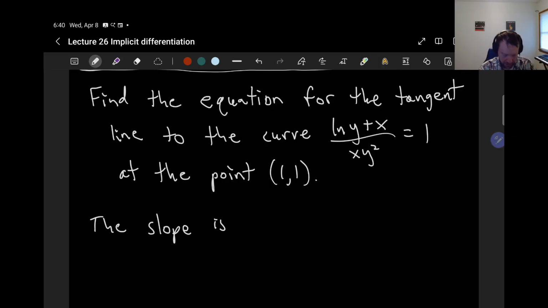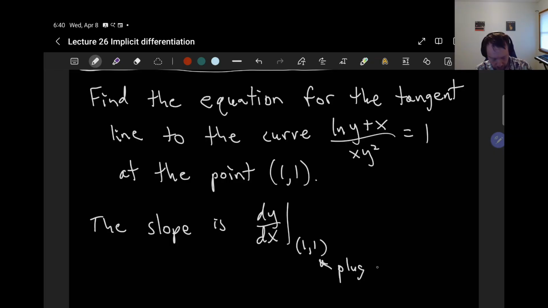So the slope of the tangent line, that's most of the work to find. Well, that's still dy dx like normal and evaluated at the point 1, 1. So what I mean by this vertical bar and writing this 1, 1 here, means once I find the derivative, we plug in x equals 1 and y equals 1.